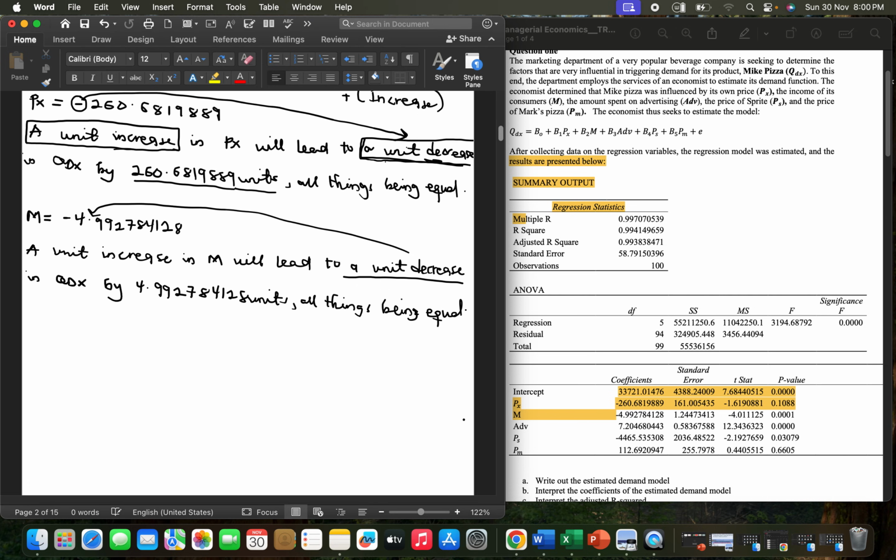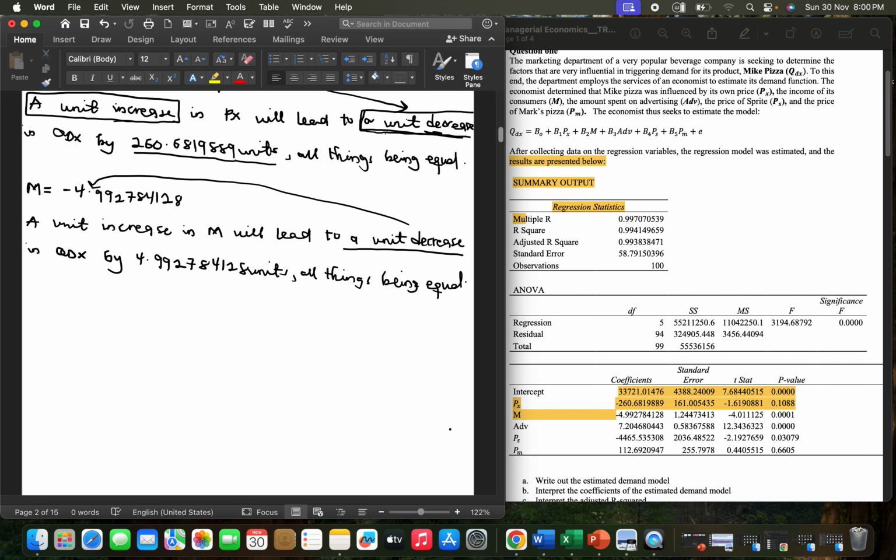So I'm done with the M. The next item here is advert. The advert is 7.20468043. Remember I stated that it always starts with a unit increase.